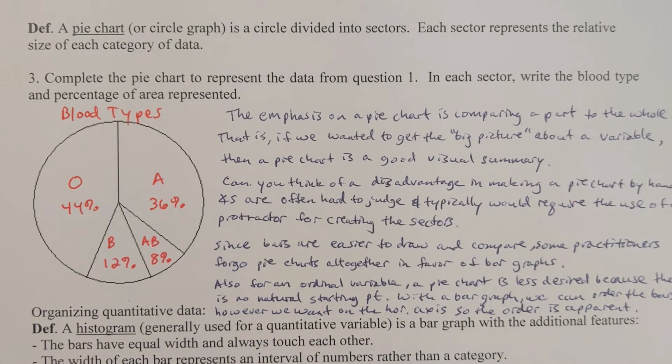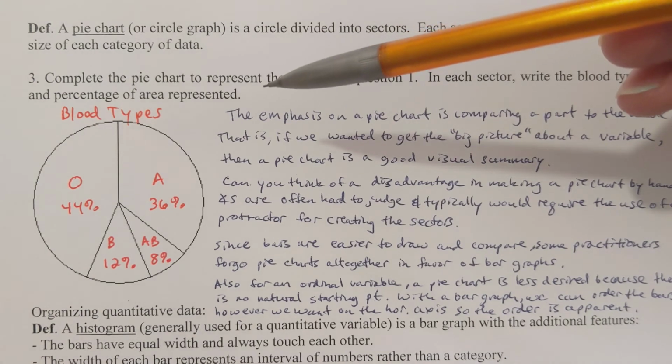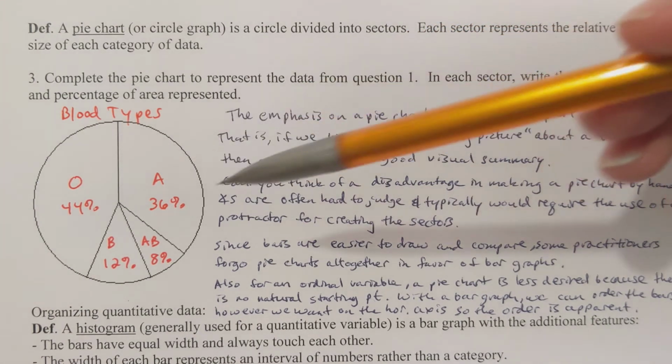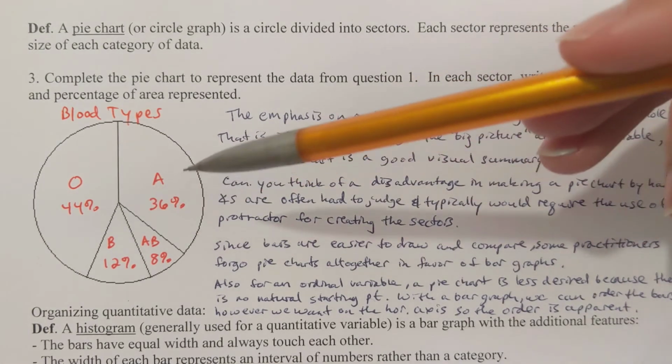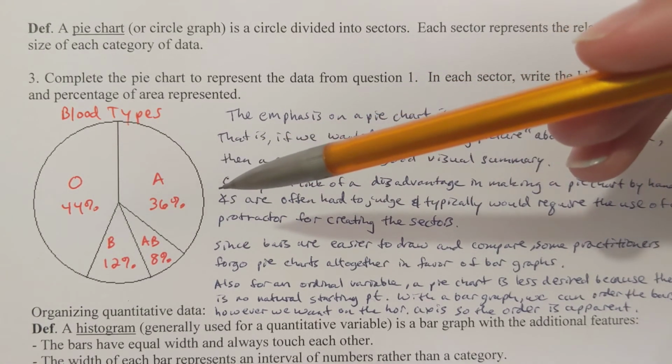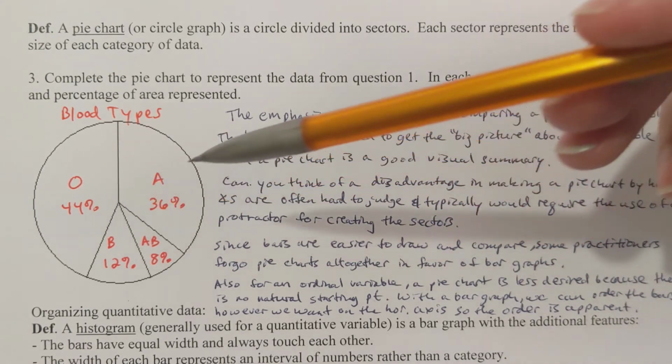In each sector, write the blood type and the percentage of area represented. By the way, when you make a pie chart, typically you use percentages, not the relative frequencies. So I don't want 0.44, I want 44% listed.